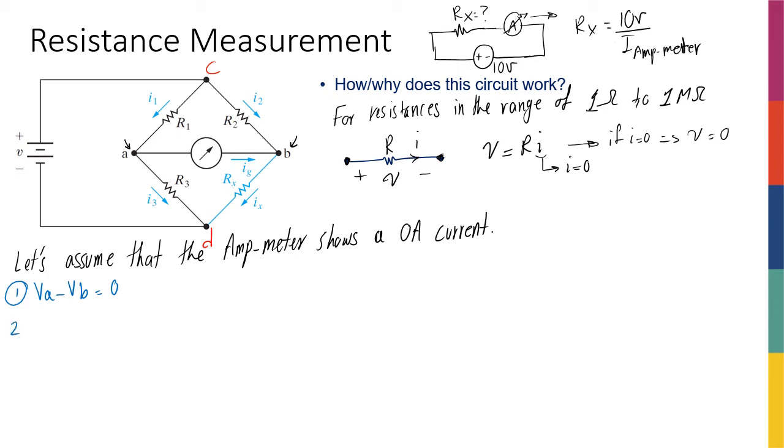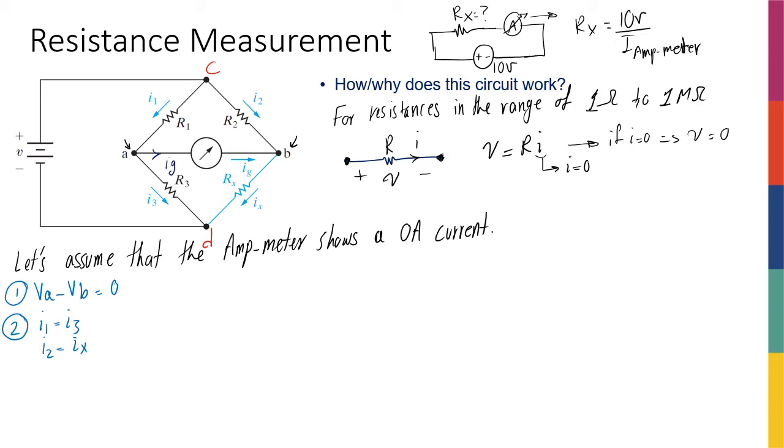The second conclusion we can take from the assumption that we made is that I1 is equal to I3 and I2 is equal to IX. Why? Well, looking at this, I1 is coming here. Let's call this one IG, as we have already called it.